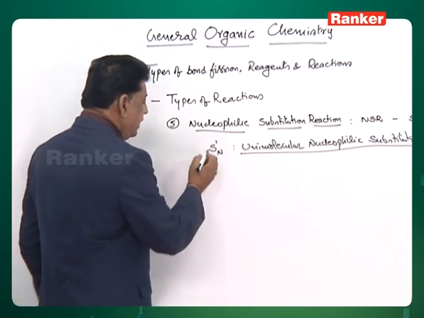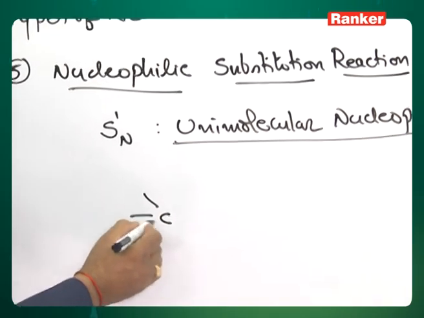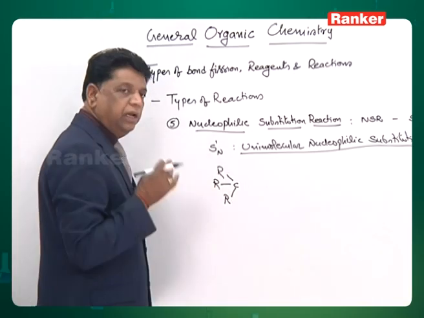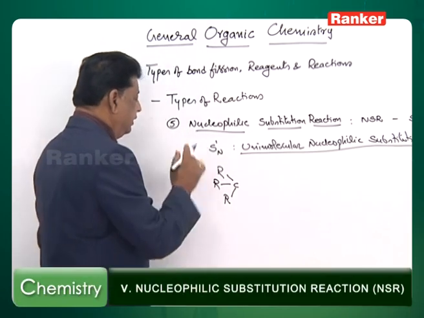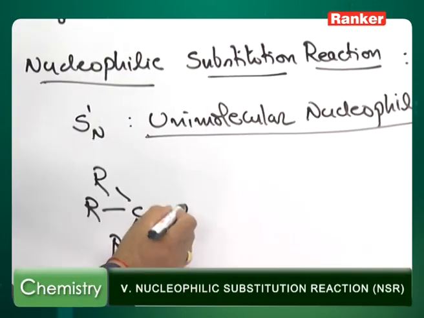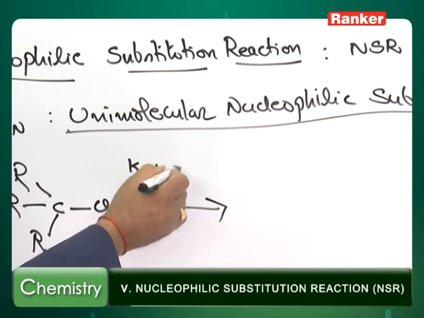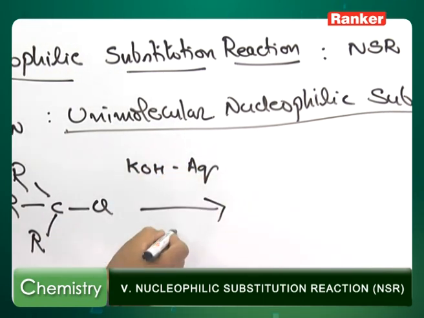Let us see. Take a compound with a carbon having some groups, not hydrogens, minimum methyl groups, all methyl-containing type of compound. Then the same argument: potassium hydroxide dissolved in water, that is an aqueous solution, and heated.